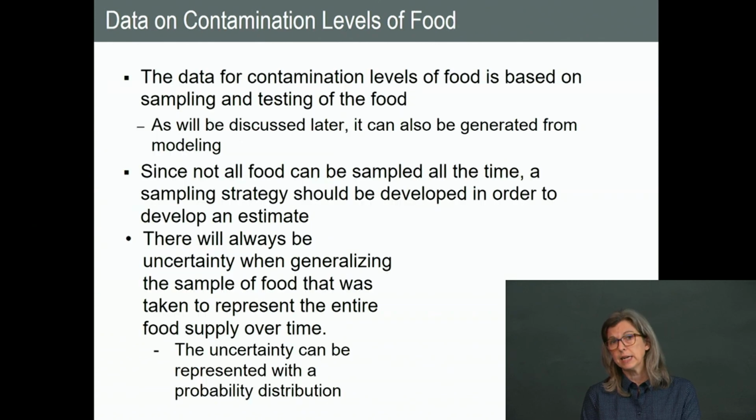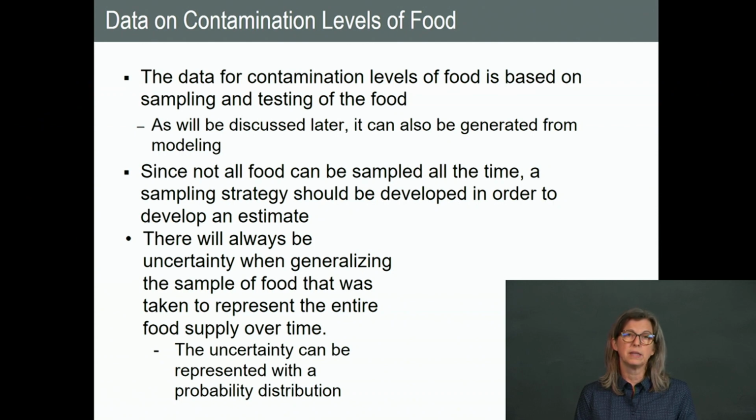So where does this data come from in terms of contamination levels of food? Well, it's based on sampling and testing of the food. At some point you need to start with information about the food that's being consumed and take samples of it back to the laboratory.